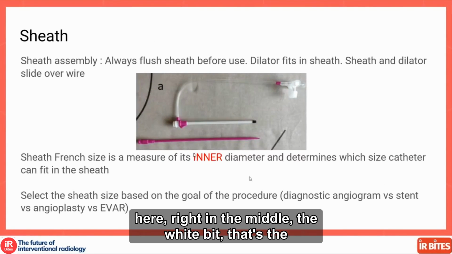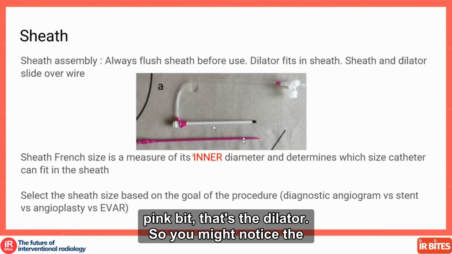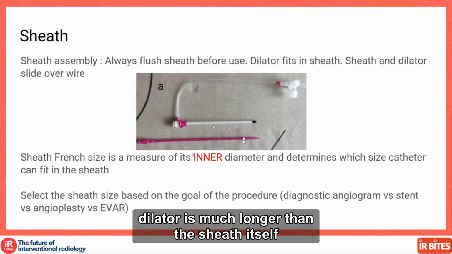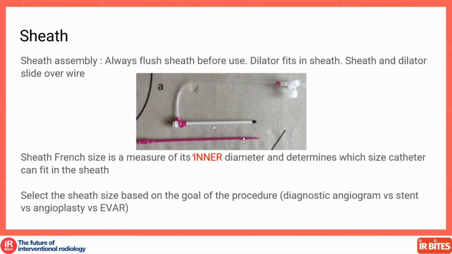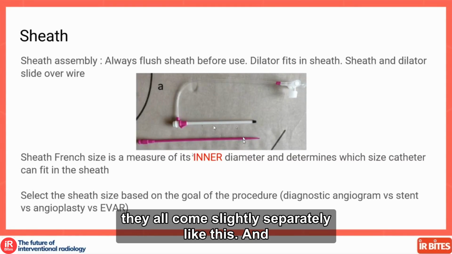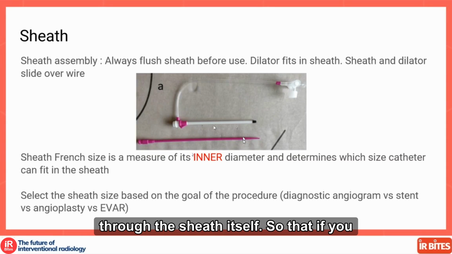On this picture here, right in the middle, the white bit, that's the sheath itself. And the one on the bottom, the pink bit, that's the dilator. You might notice the dilator is much longer than the sheath itself, and it has a purpose for that. To assemble, they all come separately like this, and you will need to put the dilator through the sheath itself.